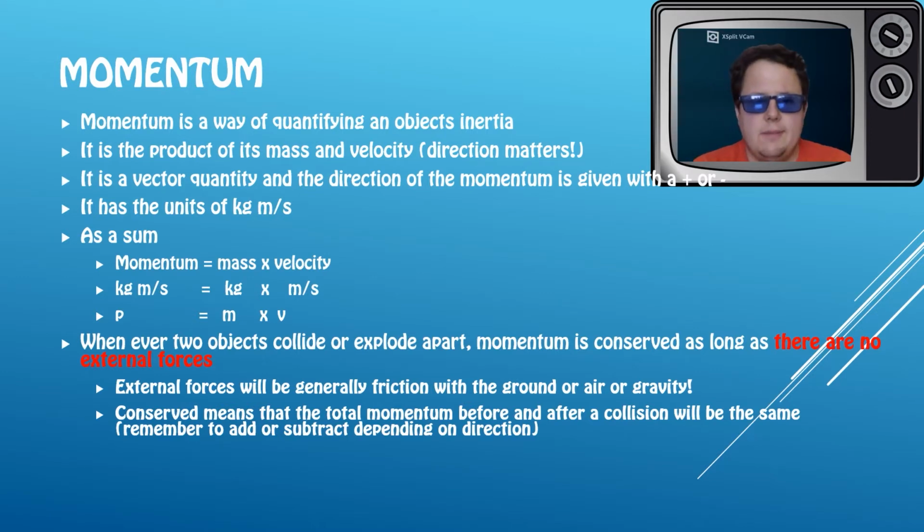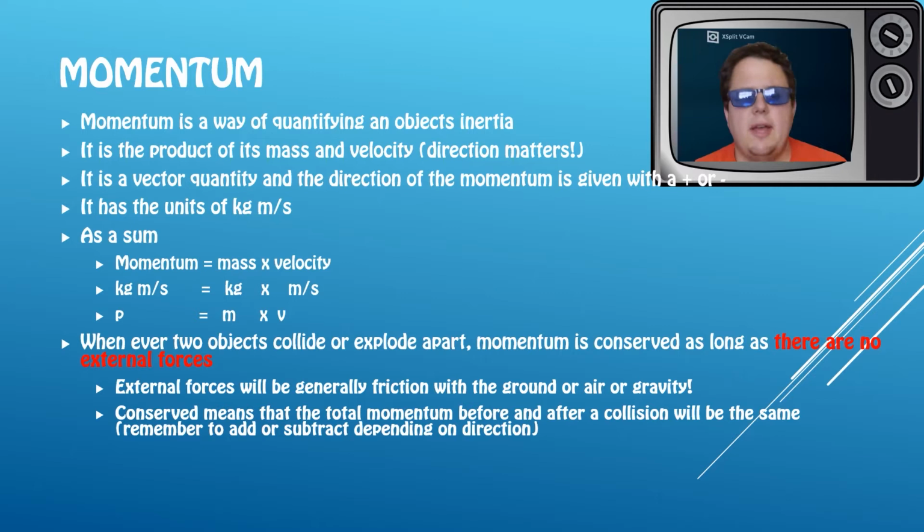The law of conservation of momentum is as follows: in any collision or explosion, momentum is conserved as long as there are no external forces. What do we mean by an external force? A force that's not coming from within the system that we're looking at.